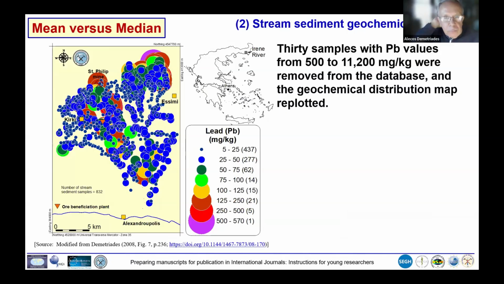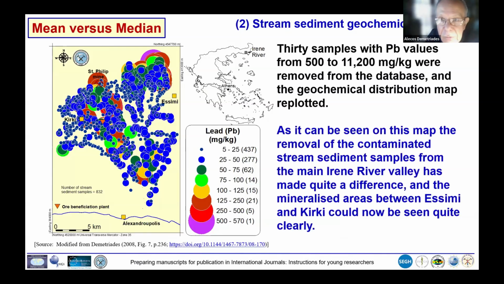Now, what I have done, I have removed the 30 samples with lead values from 500 to 11,200 milligrams per kilogram from the database, and the map was replotted, and as you can see, we have some areas that are showing anomalies that were not shown before.